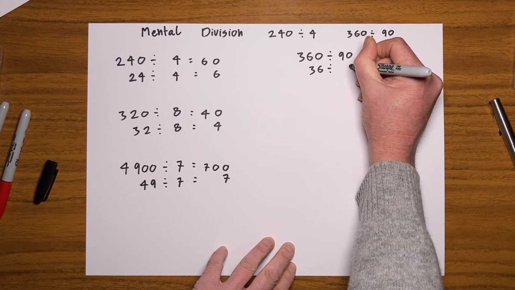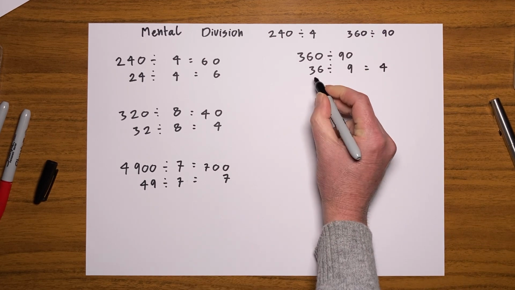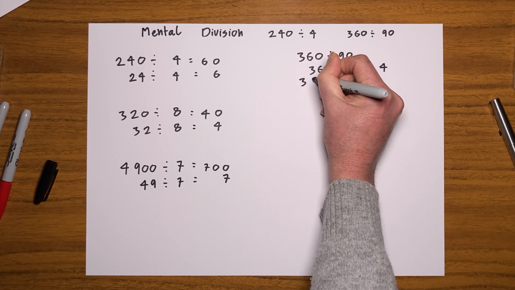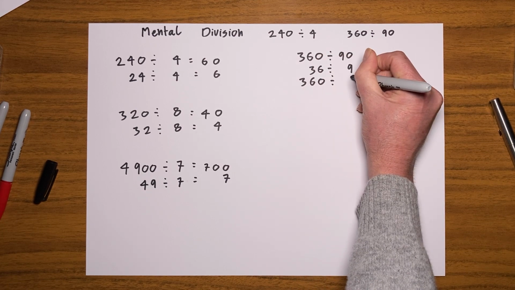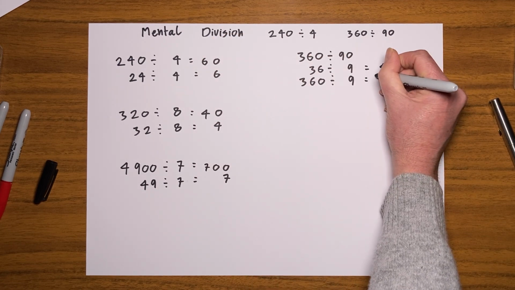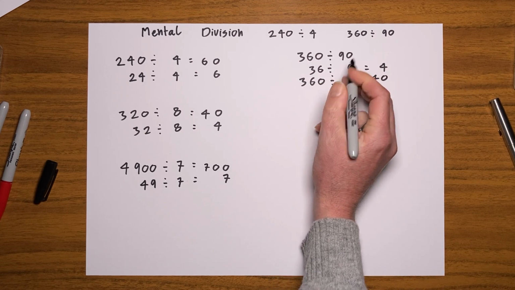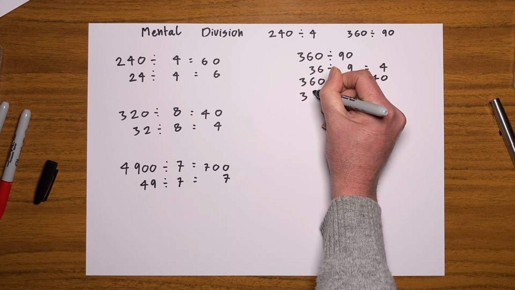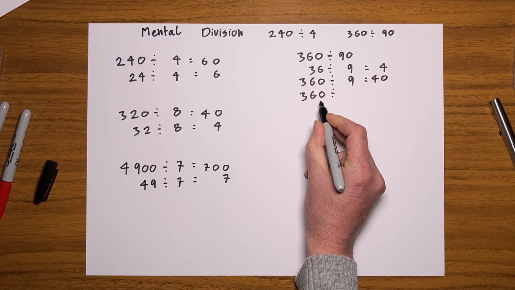So 36 divided by 9 equals 4. Now let's make this 10 times bigger. 360 divided by 9, as we've been doing down here, must be 40, because it's 10 times bigger. Now I'm going to write this one out again. And this is the bit to be careful about. Now, I've got 360.